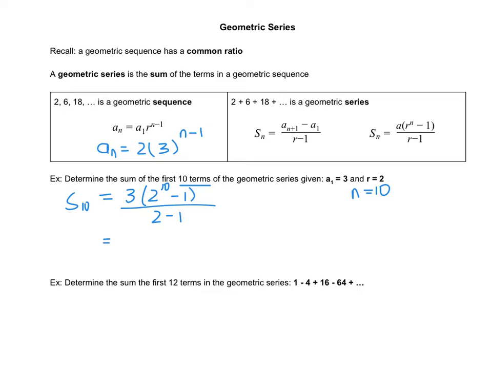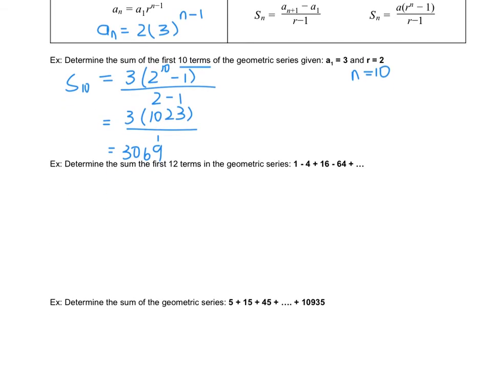If I simplify my bracket, I get 1,023, and then 2 minus 1 is 1. Once again, we get 3,069. So the sum of the first 10 terms is 3,069. So here we were given everything. Let's try the next one.